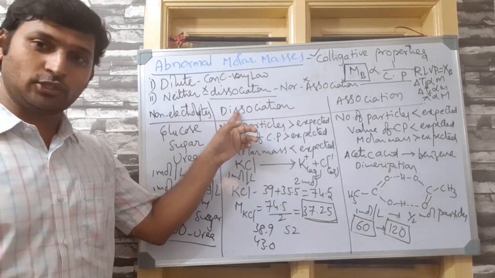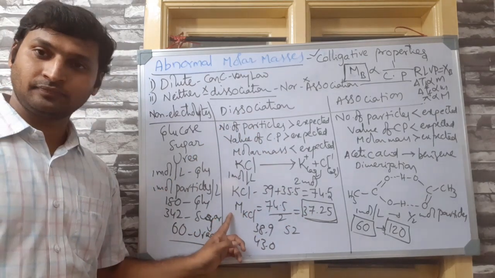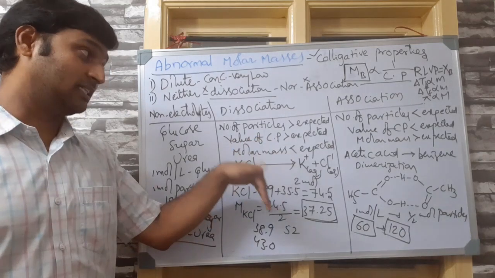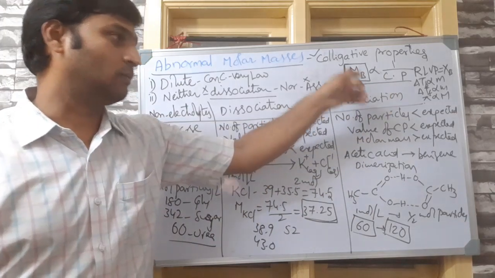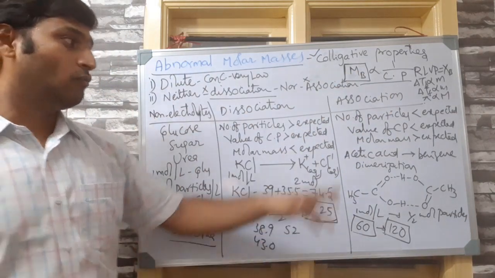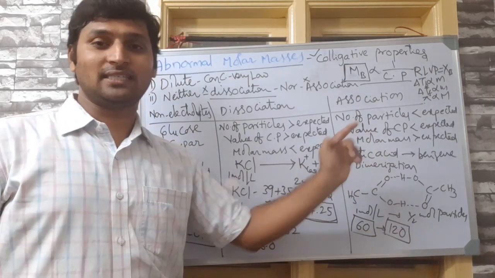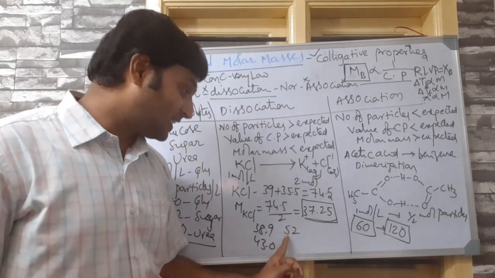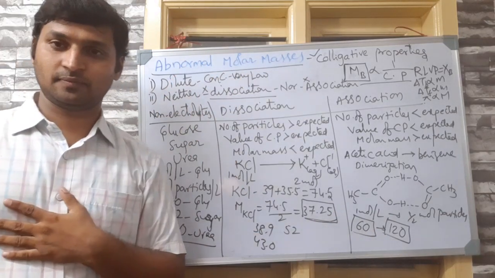Whereas if it undergoes dissociation, you will get lesser molar mass than expected, because number of particles will be more than expected, colligative property will be more than expected, and colligative property is inversely proportional to molar mass. Whereas if it undergoes association, you will get more molar mass than expected. Such molar masses obtained are called abnormal molar masses.